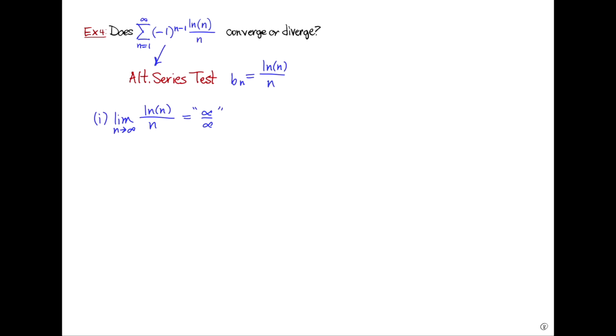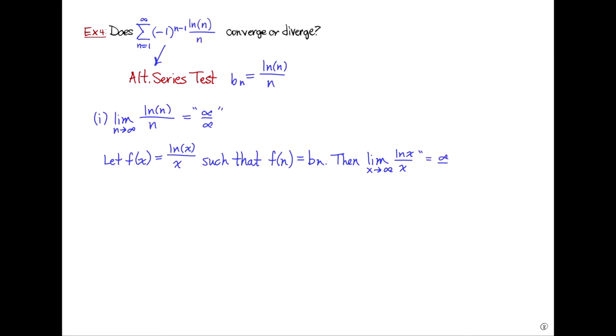So instead, we need to let f of x equal the natural log of x over x such that f of n is equal to b sub n. Then the limit as x approaches infinity of the natural log of x over x is in that indeterminate infinity over infinity form.